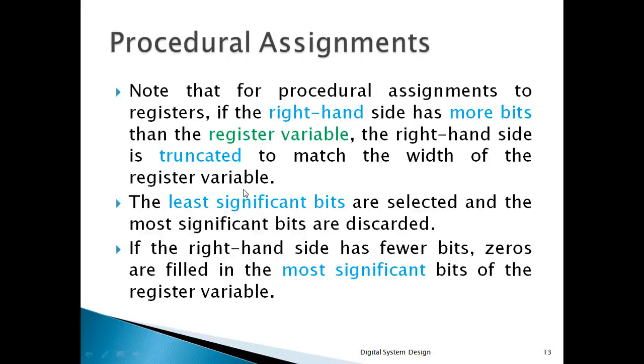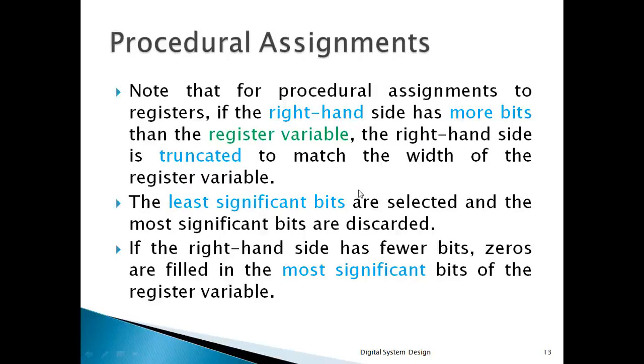This is the same as if we are assigning a 32-bit number to a register variable of 16-bit number. So the right hand side 32-bit number will be truncated to match the width of the left hand side register variable.